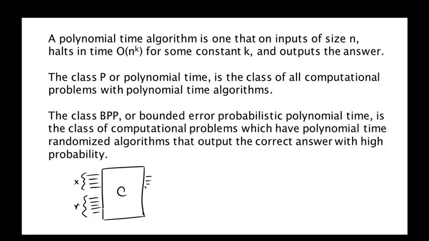And now what we want is that C of x, r is the correct answer with high probability. So we might say it's correct, say, with probability at least 3/4. But now if we want to boost the chance of success, all we have to do is run this circuit many times with independent random bits and take the majority answer. And we can boost this success probability from 3/4 to something arbitrarily close to 1.